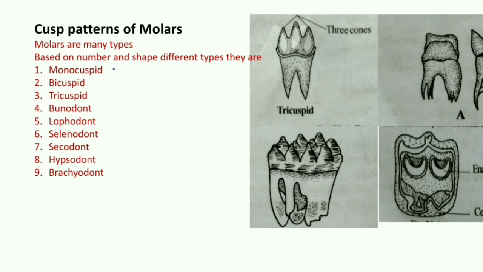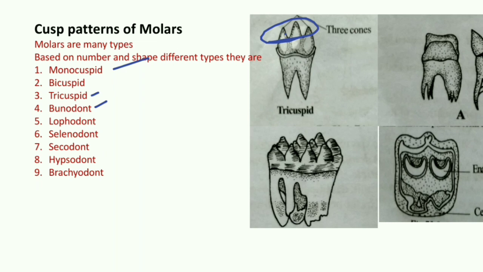First, monocuspid is characterized by the presence of only one cusp. Next, bicuspid: two cusps are present. Next, tricuspid: molars having three cusps, also called triconodont.